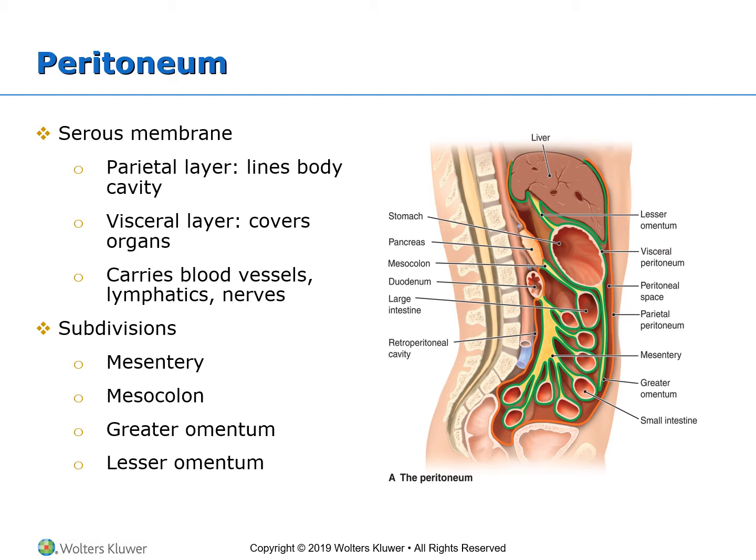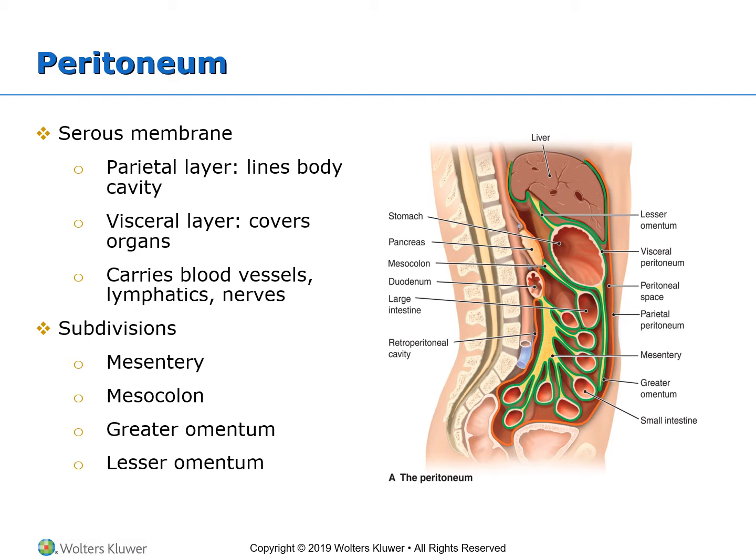However, it's a serous membrane, so the abdominal cavity will have this tiny layer of fluid that is called the peritoneal fluid over here, and allows for the smooth movements and activity of those organs. You see that there are some organs that are left outside, just like the urinary bladder. They are on the outside of the peritoneum. You see the great vessels, the inferior vena cava and the descending aorta, running in front of the vertebrae, the spinal cord.